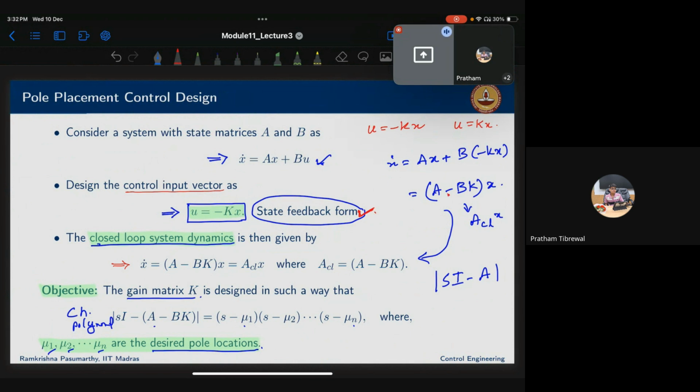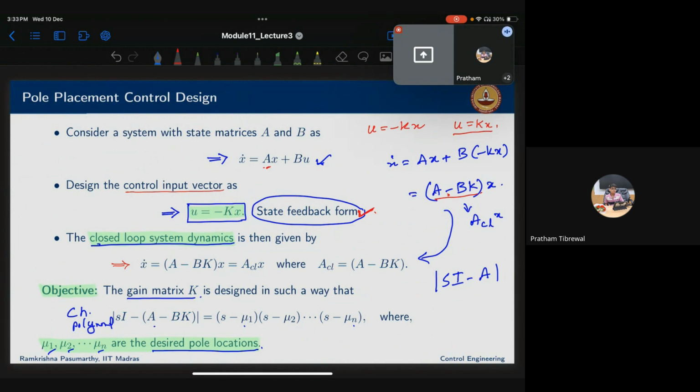Let's say the system is given to you as x dot is equal to Ax plus Bu. If A is a stable matrix, it means that all its eigenvalues are negative. In case you take u is equal to Kx, this becomes A plus BK. By adding a positive term, it will try to take the eigenvalues towards the RHS side.